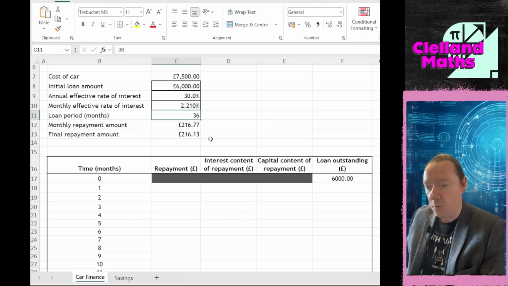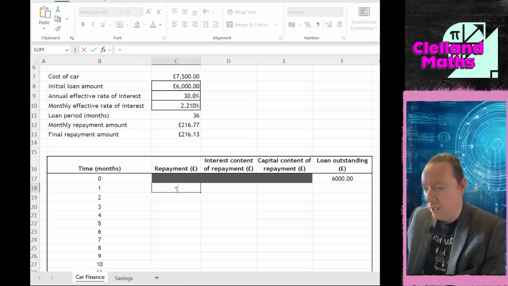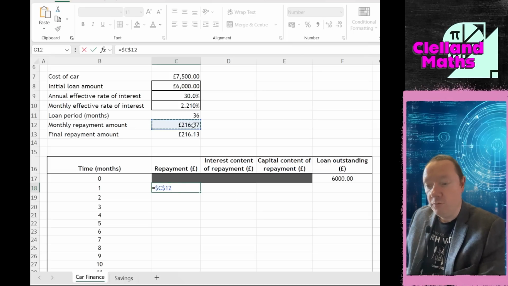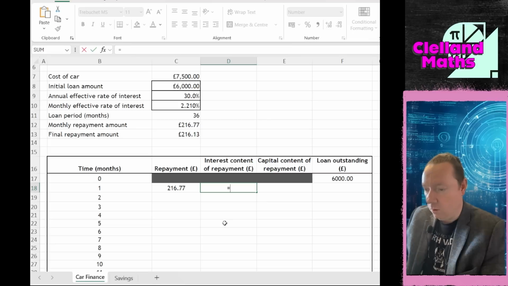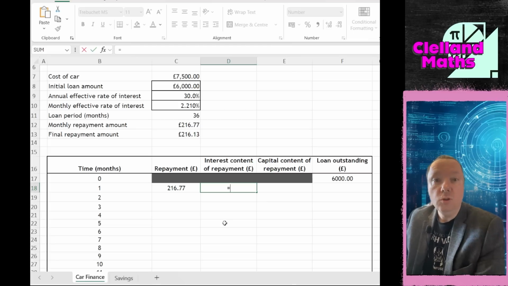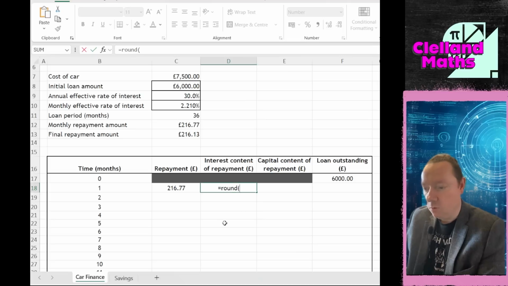So then we have to fill in our table. So this one just equals this one with dollars, which you can press F4 for quickness. Interest content of repayment. Well, that equals, we're going to round to 2 decimal places at this point. So we need to do the loan outstanding.